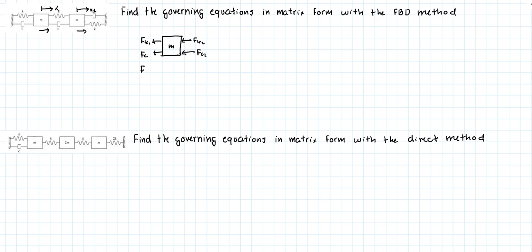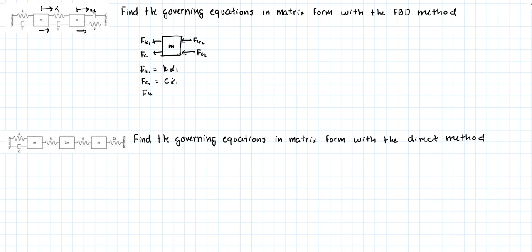Fk1 is equal to Kx1, Fc1 is equal to Cx dot 1, because the damping force is proportional to the velocity.